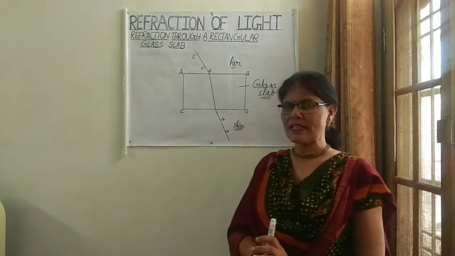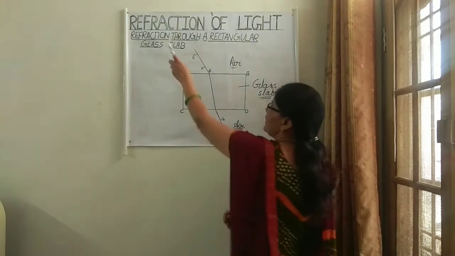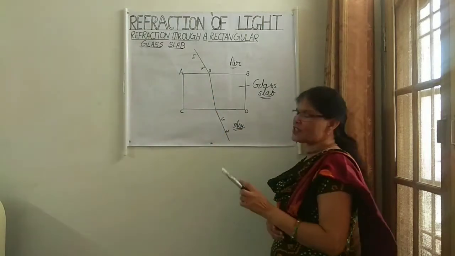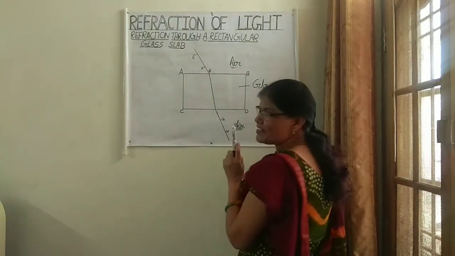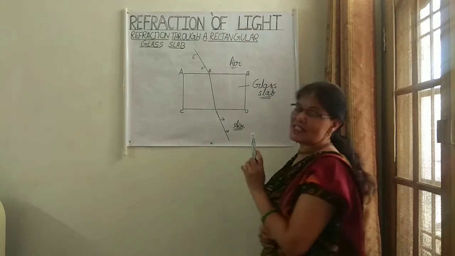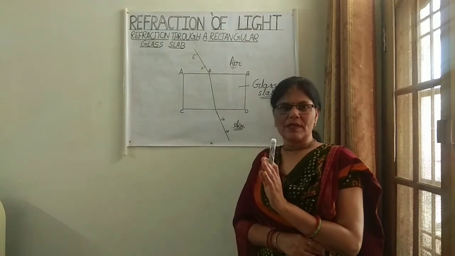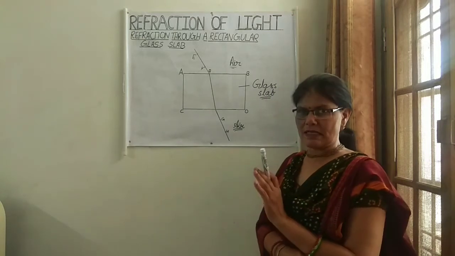So children, our next topic is refraction through a rectangular glass slab. For this we need a drawing board, plain paper, 4 pins and a glass slab.